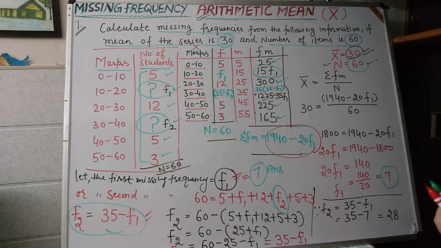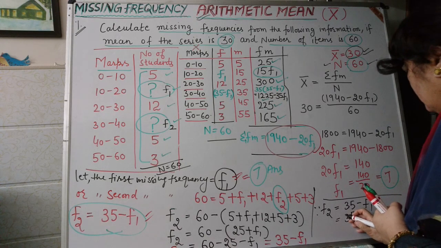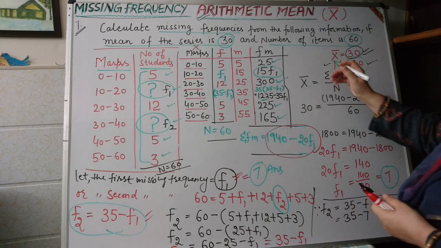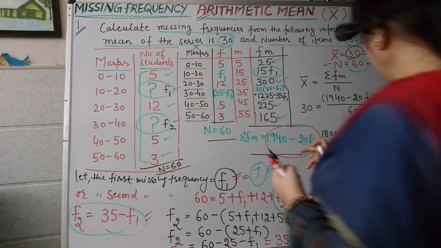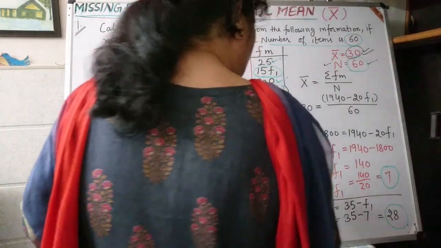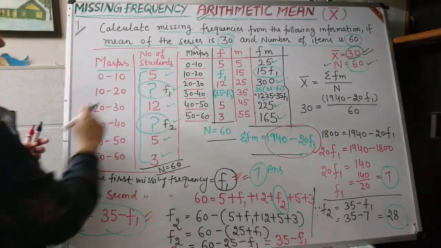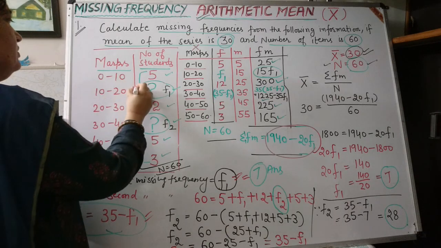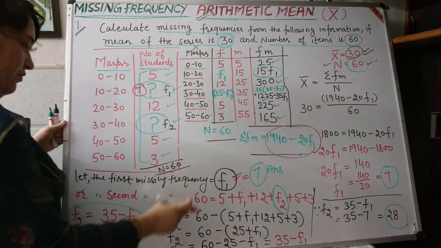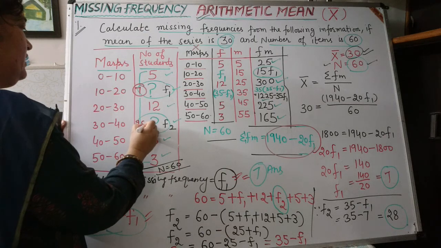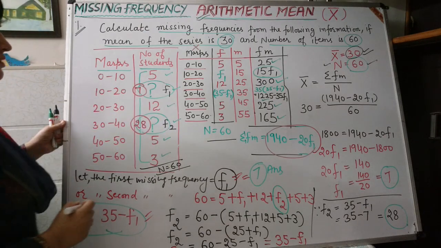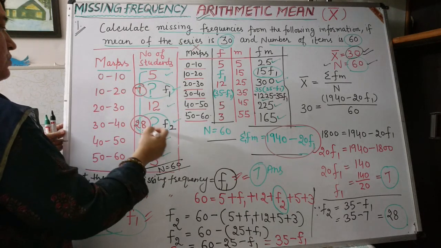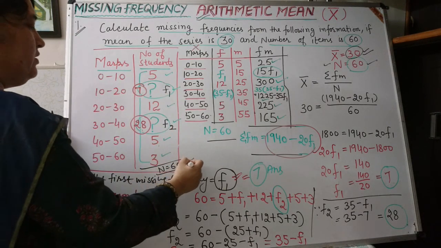That will be the answer. So we have derived the values of F1 and F2. The value of F1 is 7 and the value of F2 is 28. And if we sum up all the values, 5 plus 7 plus 12 plus 28 plus 5 plus 3, that would be equivalent to 60.